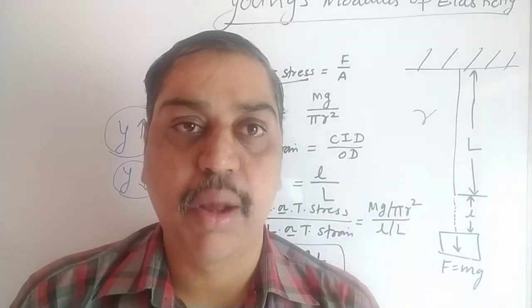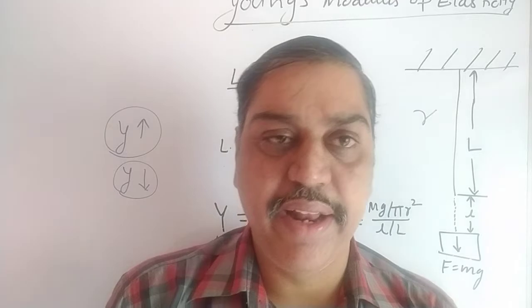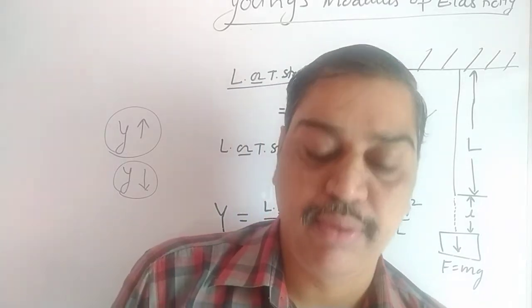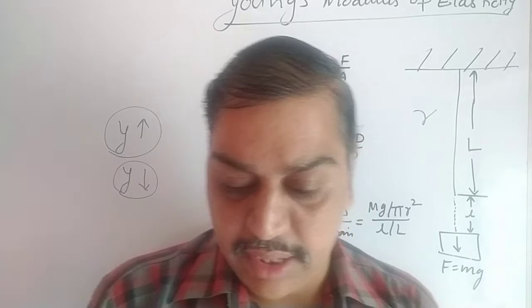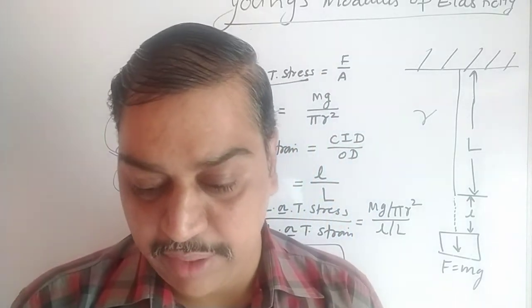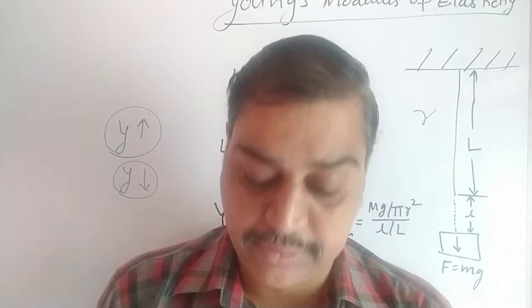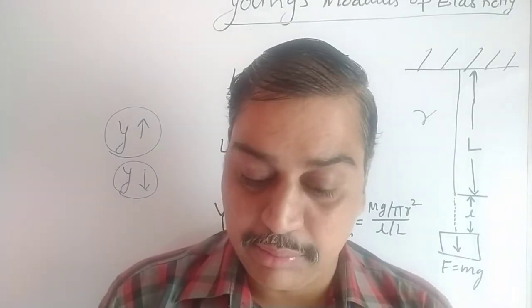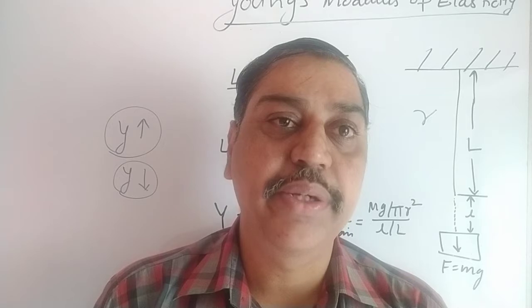Before going to the next topic, in your book there is a table 6.1. They have given some materials and the value of Young modulus of those materials. The first one, they have taken lead. For lead, the value of Young modulus is 1.5 into 10 raised to 10. The last material they have taken is steel, 21 into 10 raised to 10.